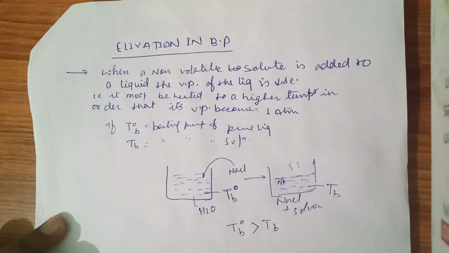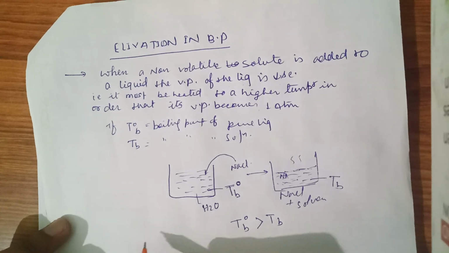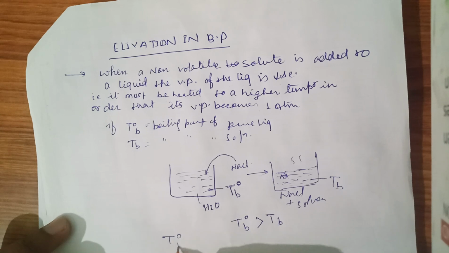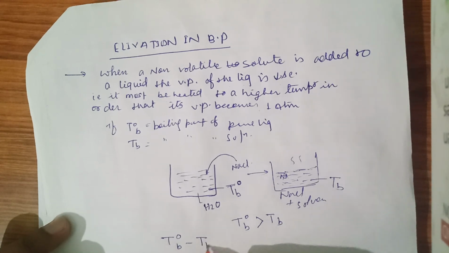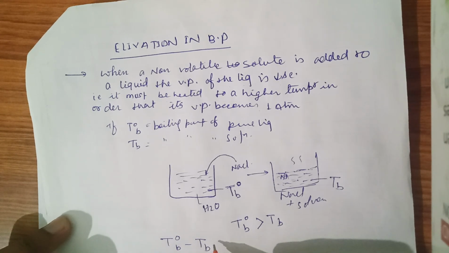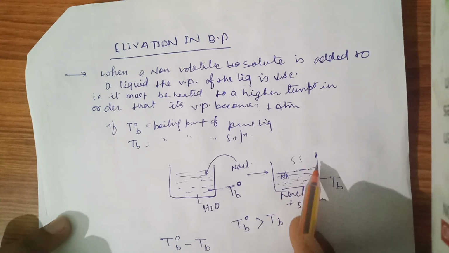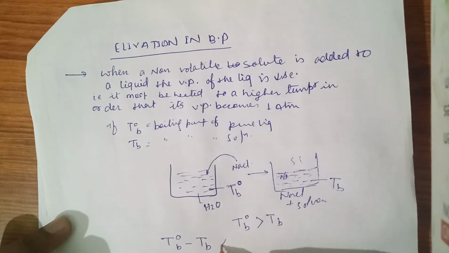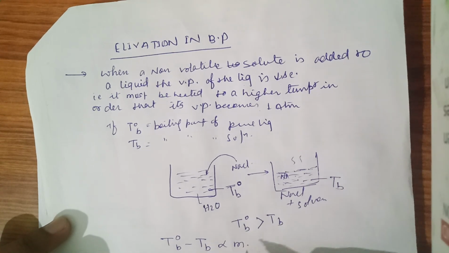So what is the amount of elevation? By how much quantity is it being elevated? So we can write T naught B minus TB, and that will depend upon the quantity of solute added into the solvent. So this is directly proportional to molality.